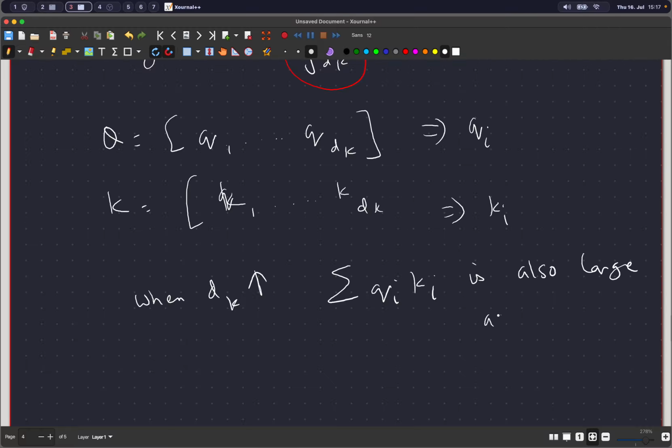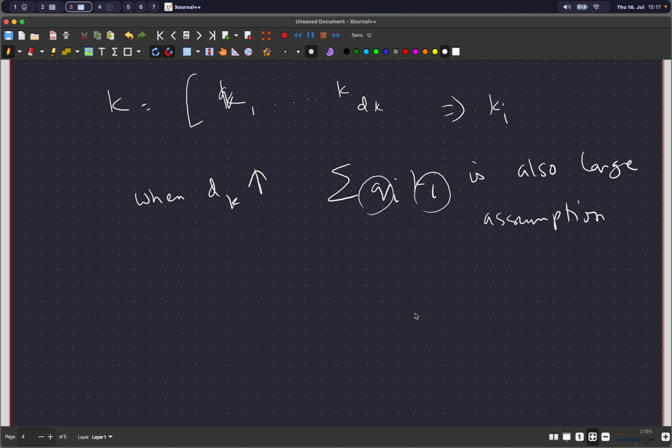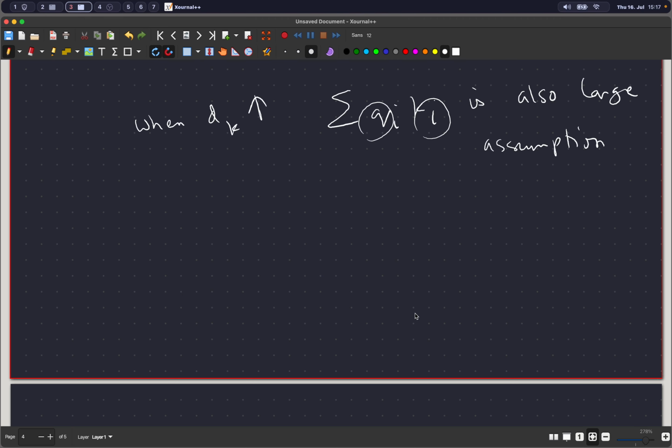This is just an assumption right now. Obviously, it can be very small if all the Qi and Ki are of opposite signs, and then we multiply and add them together. So what I'm saying is, when dk is large, there can be a huge variance involved.